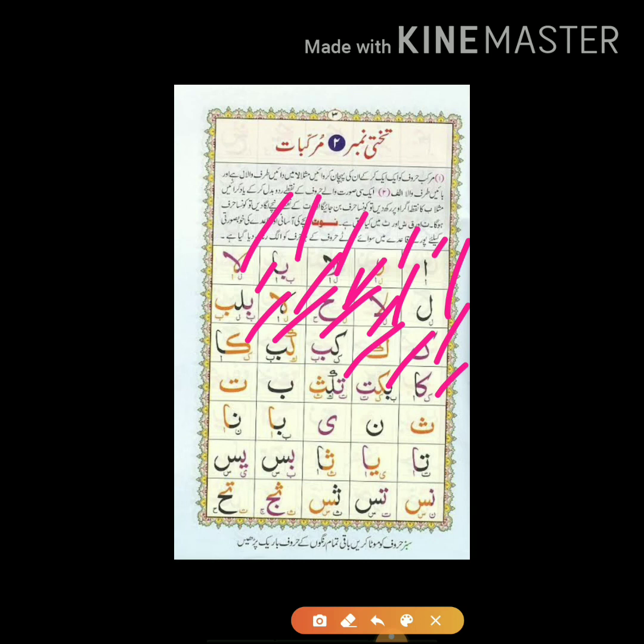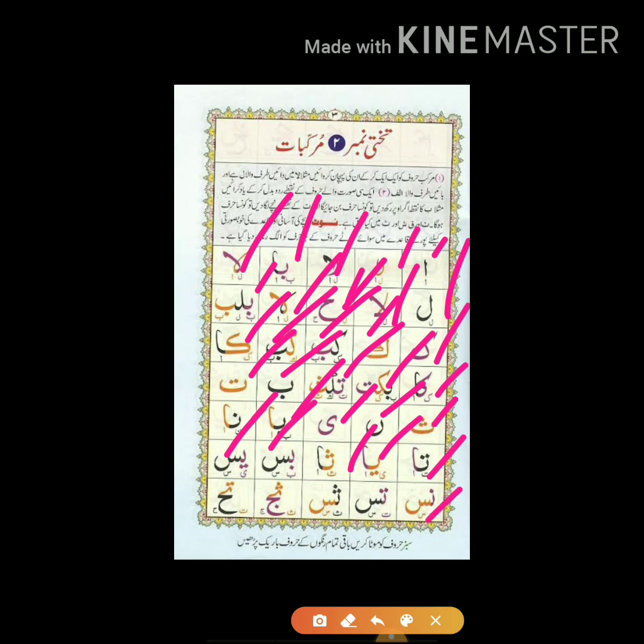Then we had the simple letters, which were ba, ta, sa, noon, ya. Then ba alif, noon alif, ta alif, ya alif, sa alif, ba sin, ya sin. Here we have two dots below a round shape, which makes it ya, ya sin.